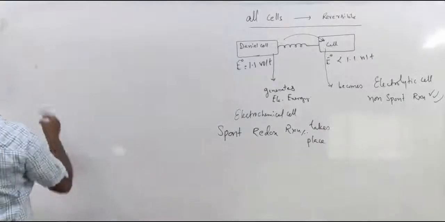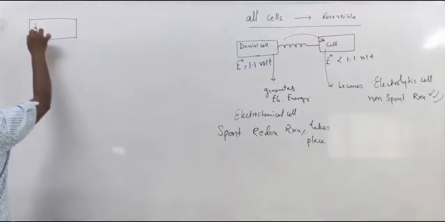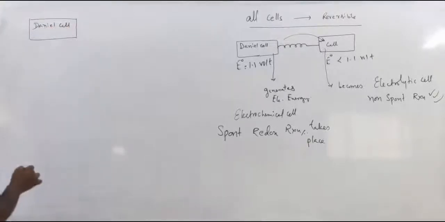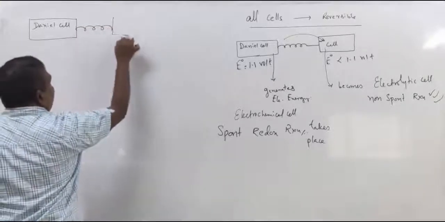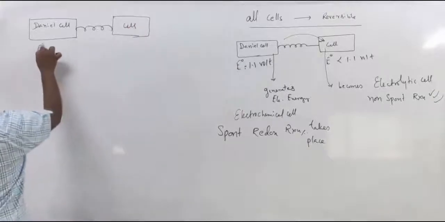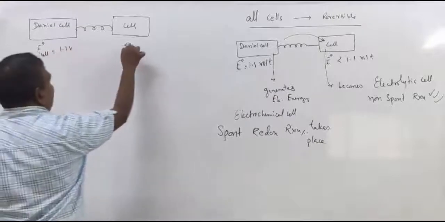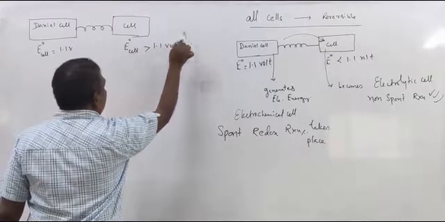Now, the Daniell cell is connected to a battery, another cell. Here E naught is 1.1 volt, and the other E naught cell is greater than 1.1 volt.